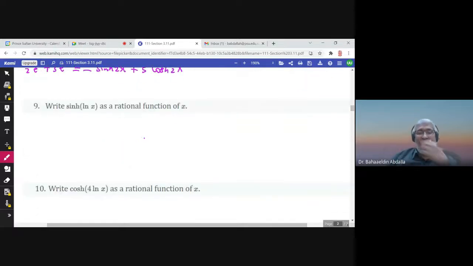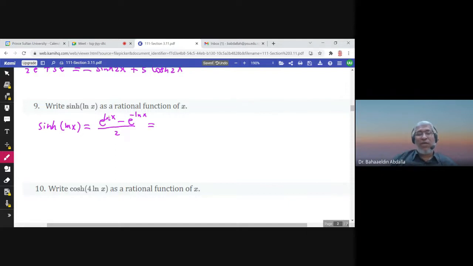Write sinh ln x as a rational function of x. Well, the definition of sinh x is e to the power x minus e to the power negative x over 2. So I will replace x by ln x. So that's the definition of sinh ln x.